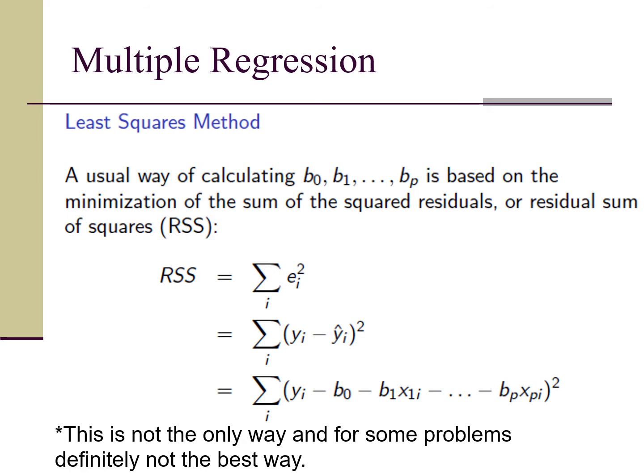The reason that the least squares method is not always suitable is that it assumes that all of the error is in the y variable, and it assumes that the x's are measured without error.